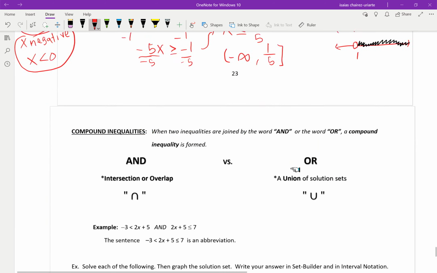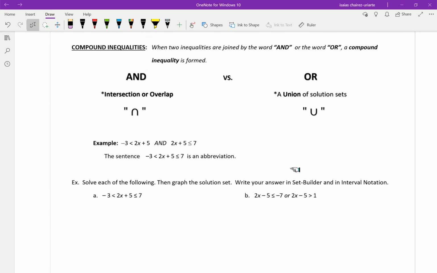Compound inequalities. So it's two inequalities together, joined by the word and or the word or. And means an intersection, an overlap. Or means the union. You just put everything that's in two sets together. So for example, here we have negative 3 is less than 2x plus 5, and 2x plus 5 is less than 7.